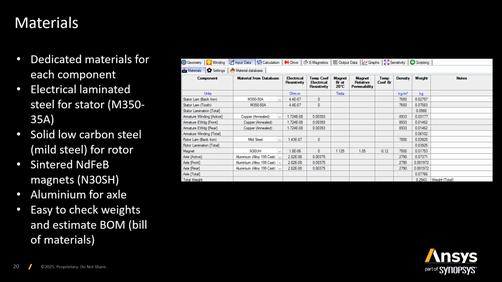For the rotor, however, we are going to use a solid magnetic steel material, generically defined as mild steel. It's important to note that, for specific considerations, mainly from the manufacturing and mechanical points of view, it's preferred to have a solid magnetic steel.